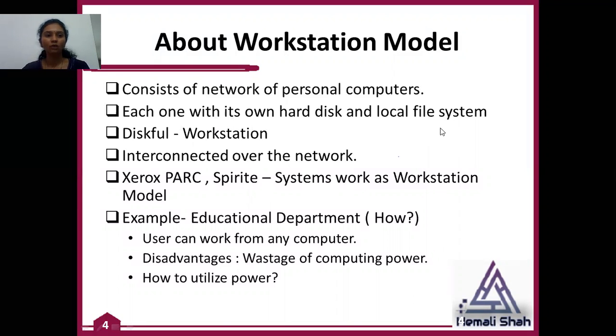That means all workstations have their own file systems to store something. Such workstations are called disk full workstations. All are interconnected over the network.